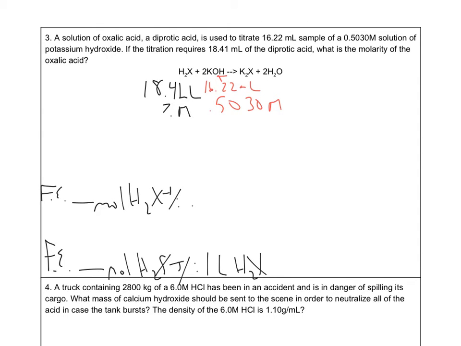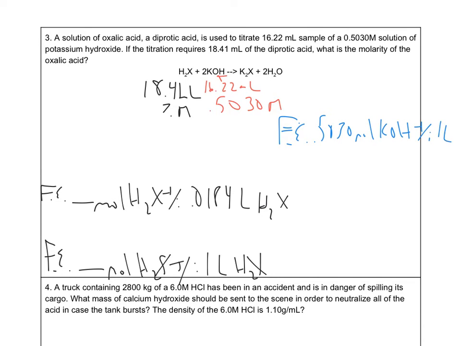We know that it's 0.0184 liters of H2X. And then in the KOH, we know that for every 0.5030 moles of KOH, there is 1 liter of KOH.